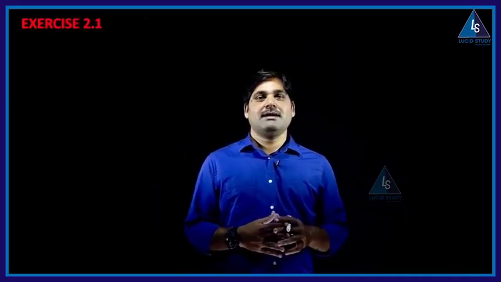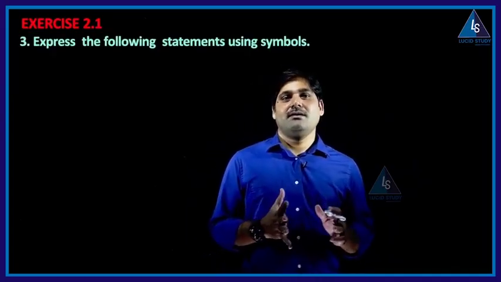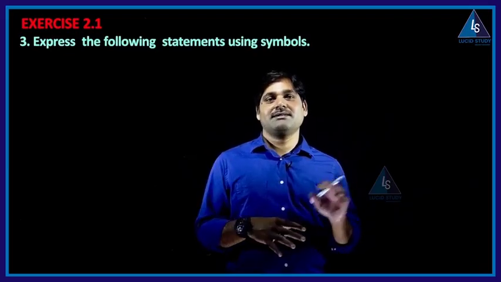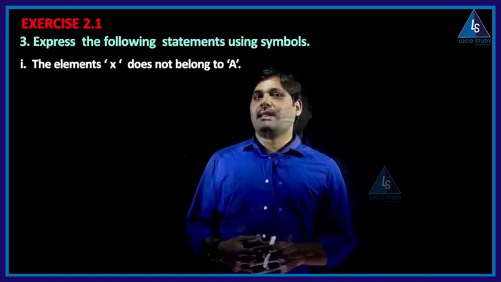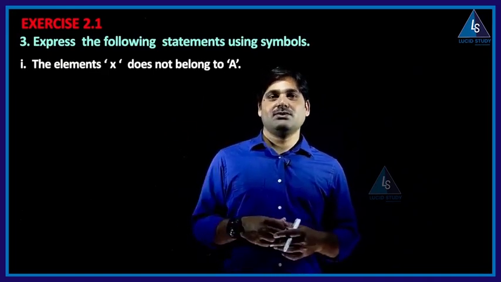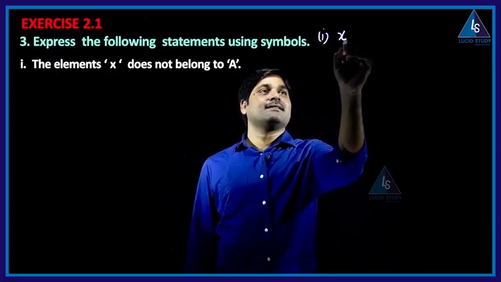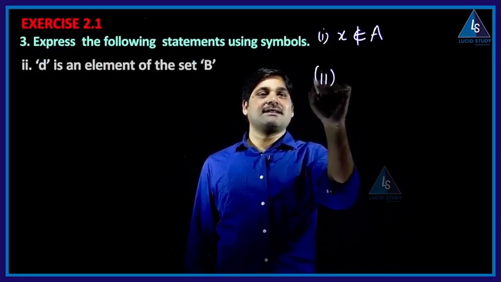Okay. So third question, see here, in that first part we need to write using symbols. Whether it belongs to, we will use the belongs symbol. If it does not belong to, we will use the not belongs symbol. See the first question. The element X does not belong to A. So we will write in symbolic way: X does not belong to A. Now see the second question.